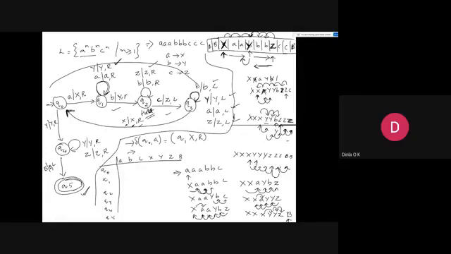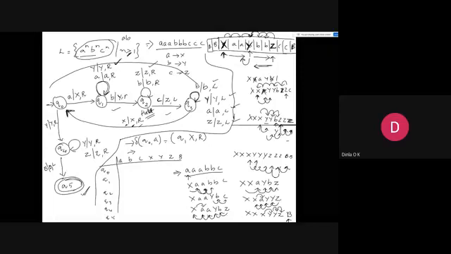Okay, so from this we can say that this string a b b c is not accepted by this Turing machine. What does it accept? It will accept only strings of the type a^n b^n c^n, that is, n greater than or equal to 1.